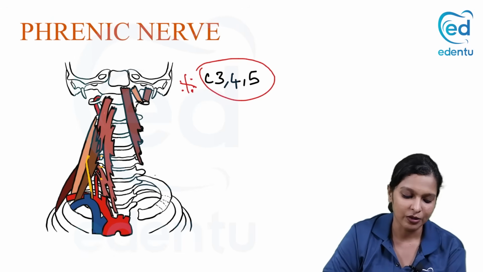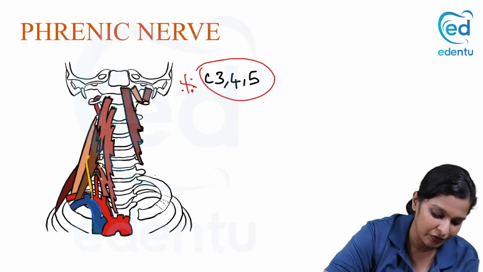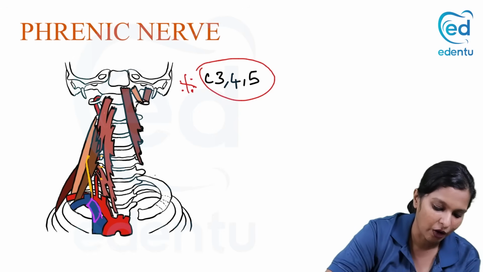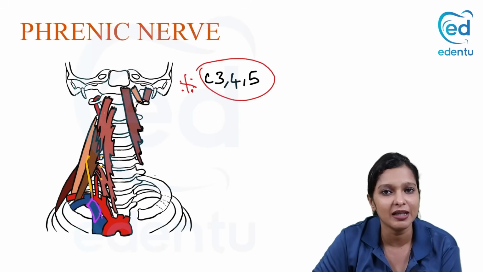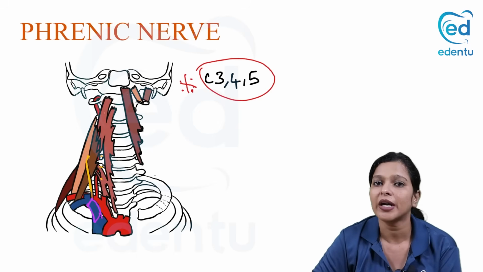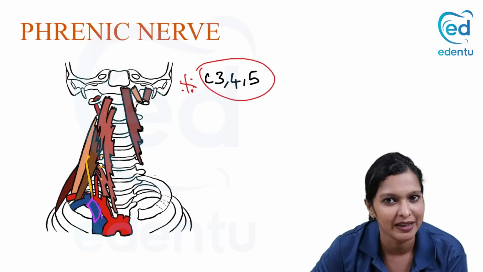When it goes down, it will pass behind the formation of this vein. What is this vein? It is formed by the union of the subclavian vein and internal jugular vein. So this is the brachiocephalic vein. It will go behind the formation of the brachiocephalic vein.